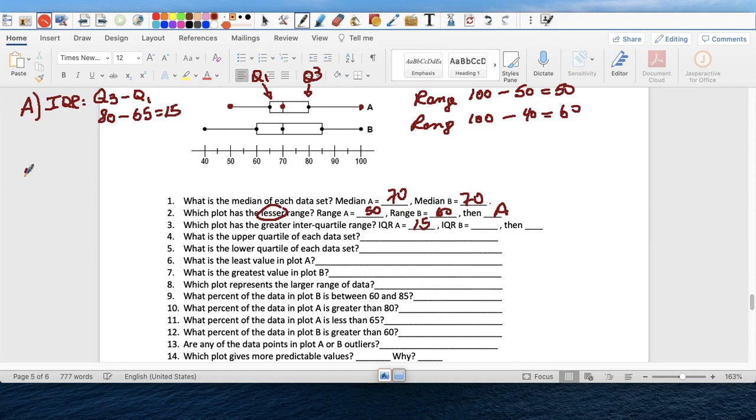For B, the IQR, again, Q3 minus Q1, is 85 minus 60, which is 25. So for B it's 25. So who has the greater? ¿Quién es el más grande? Which is the greater? It's B.